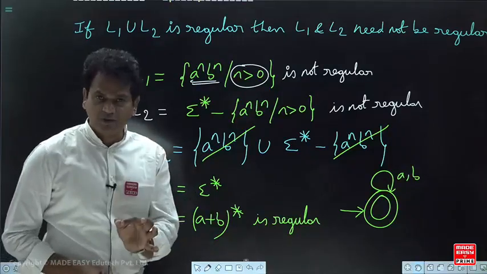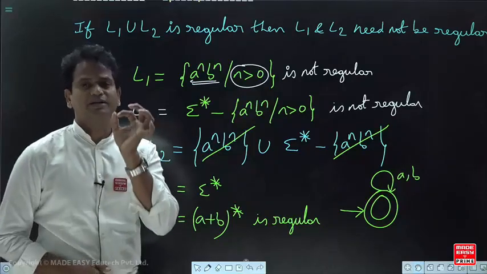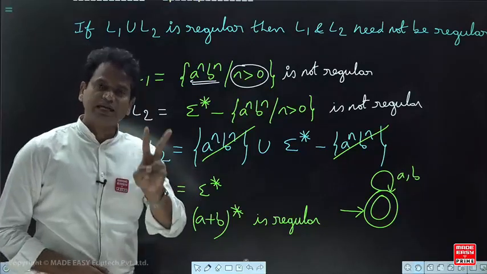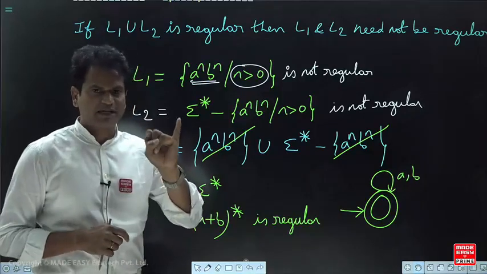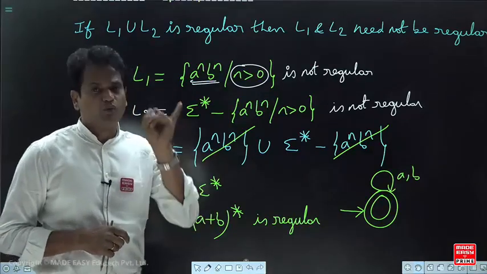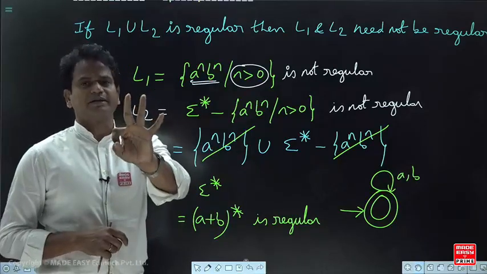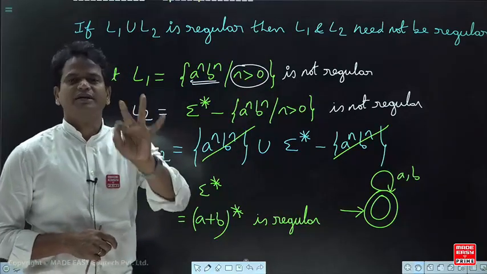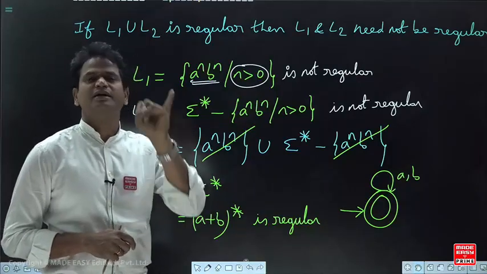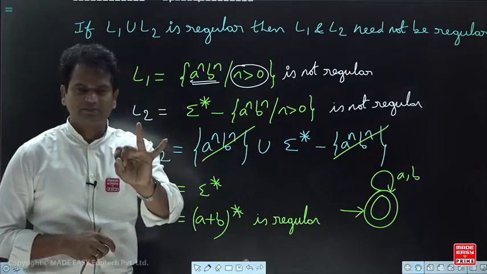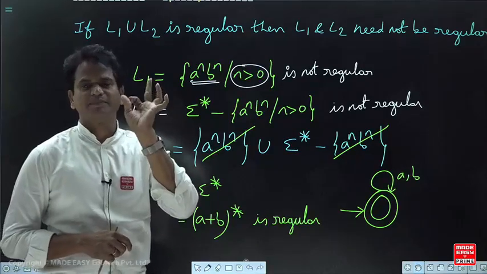Therefore, if L1 union L2 is regular, both L1 and L2 can be regular, or one of them can be regular, or none of them can be regular. All these three options are possible.